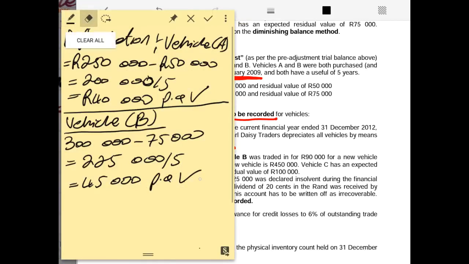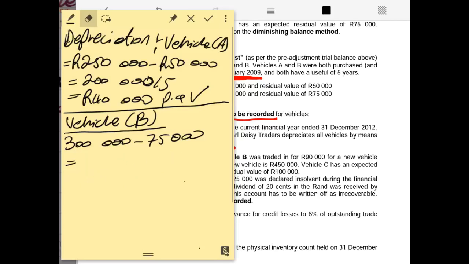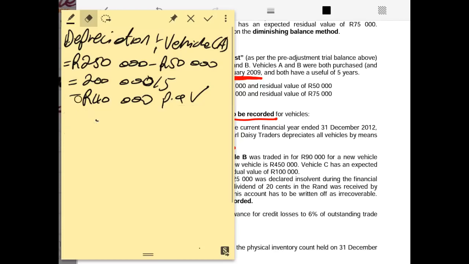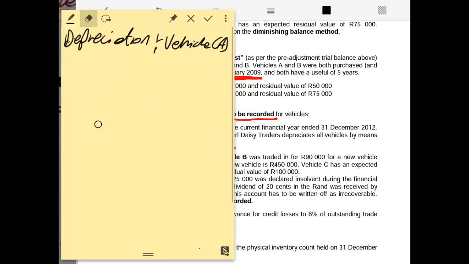So now let me just recalculate my total depreciation for motor vehicle B from the year this asset was bought up to the year this asset was disposed. So now we know that motor vehicle B was bought at the beginning of the year 2009.